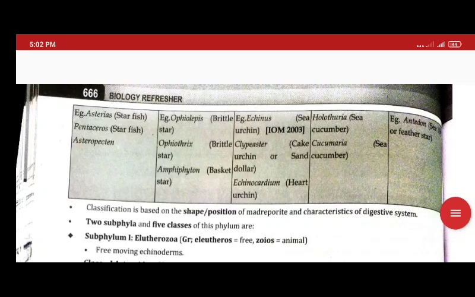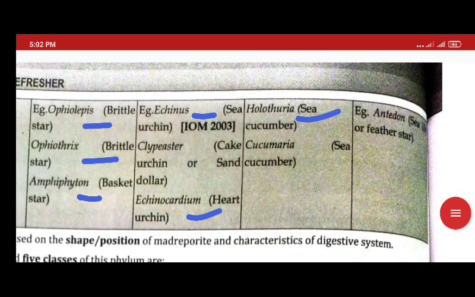Now we have an example from each class. Asteroidea contain starfish. Ophiuroidea contain brittle star, basket star. Echinoidea contain sea urchin, heart urchin. Holothuroidea contain sea cucumber, and Crinoidea contain sea lily, which is called feather star.